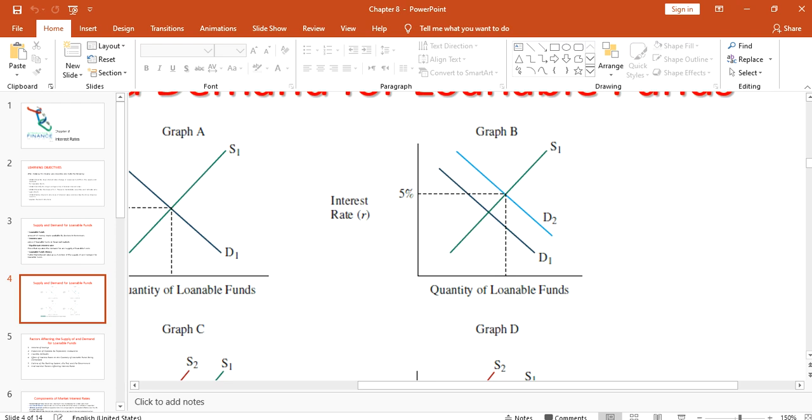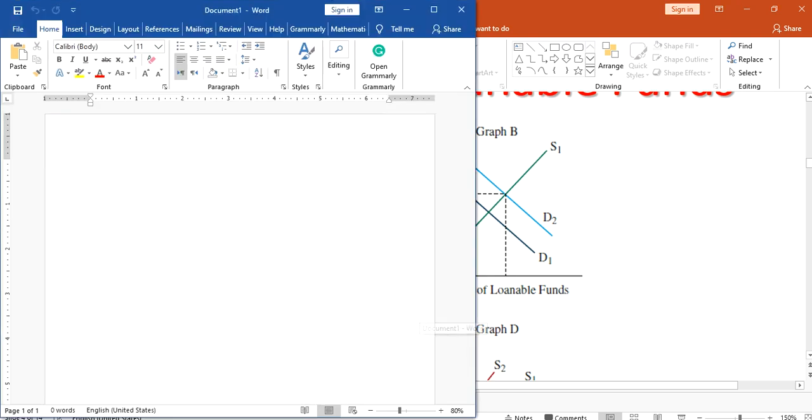It means there is more demand for quantity of loanable funds. Interest rate increases. So when demand for loanable funds increases, interest rate increases. I could write it here actually, these circumstances.